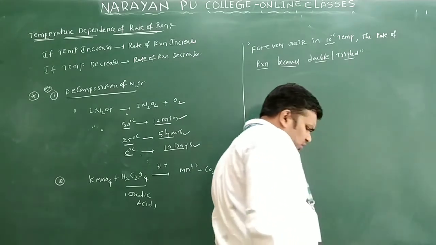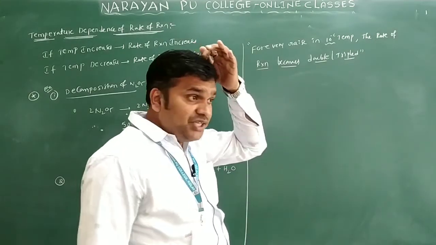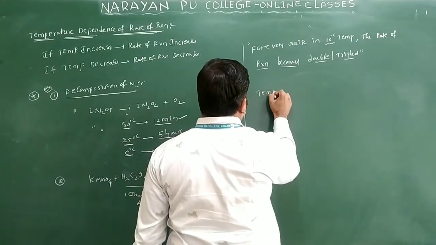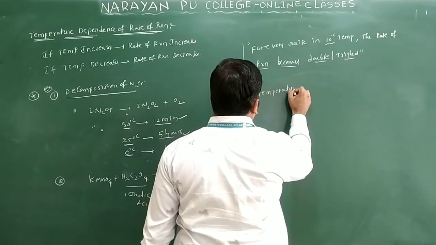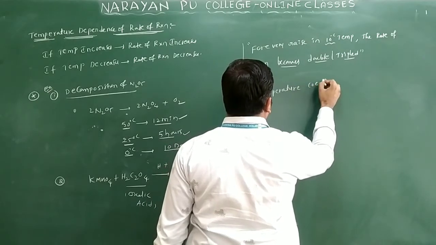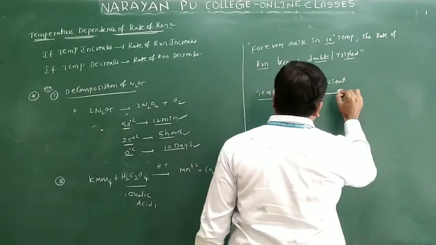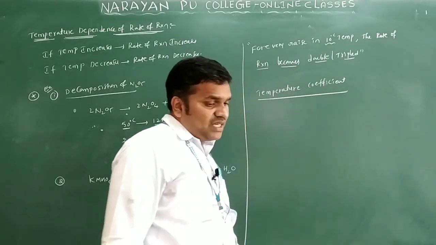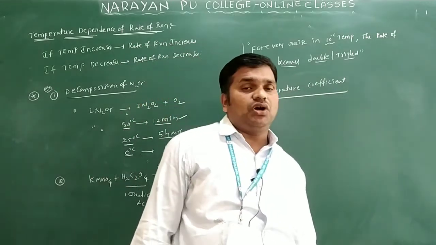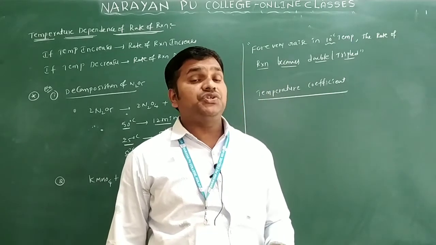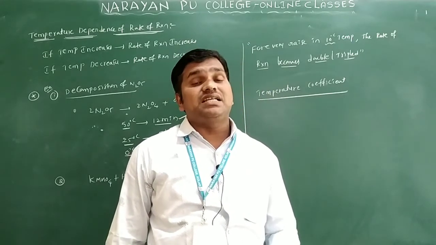So generally we have one formula, that is the temperature coefficient. What does this temperature coefficient mean? It is the ratio of rates of the reactions which differ by 10 degrees Celsius temperature.